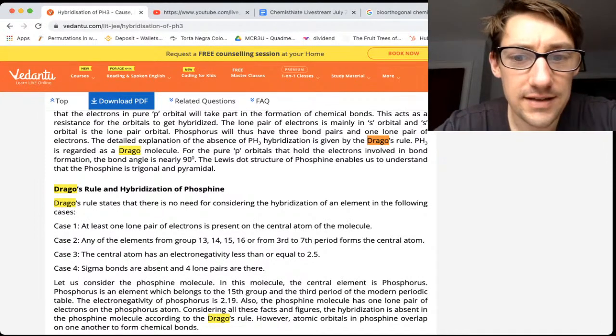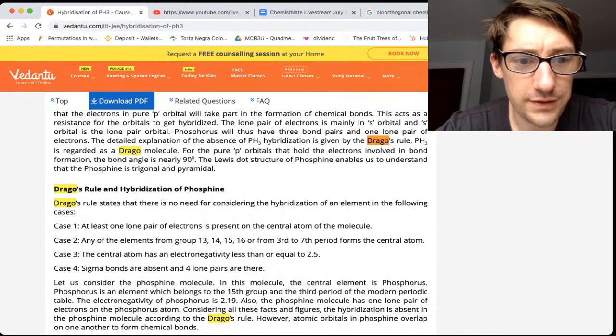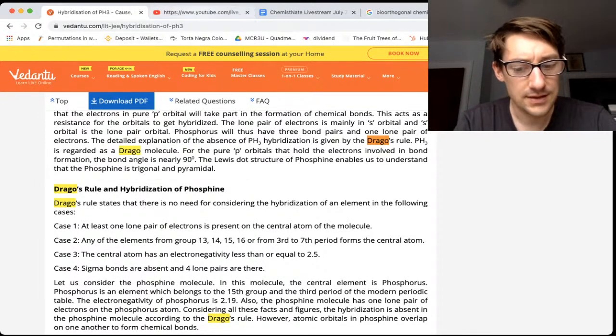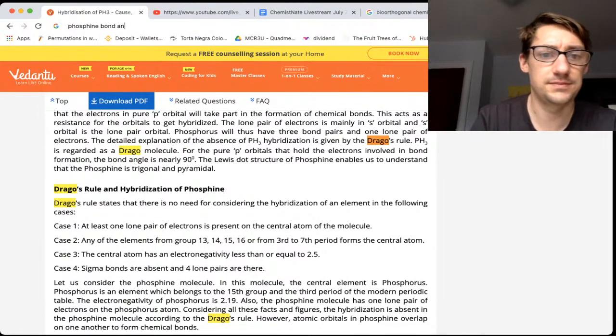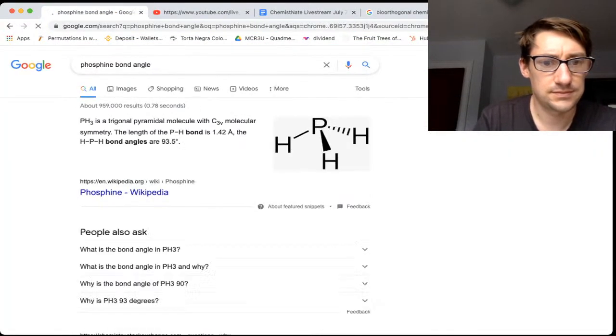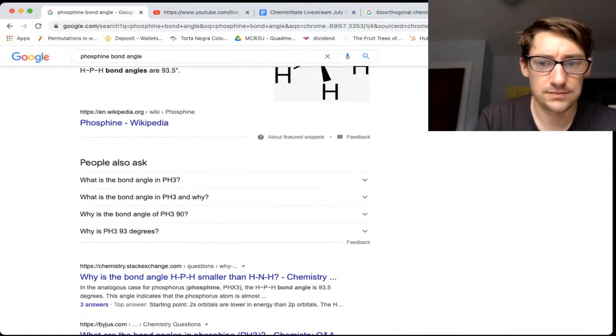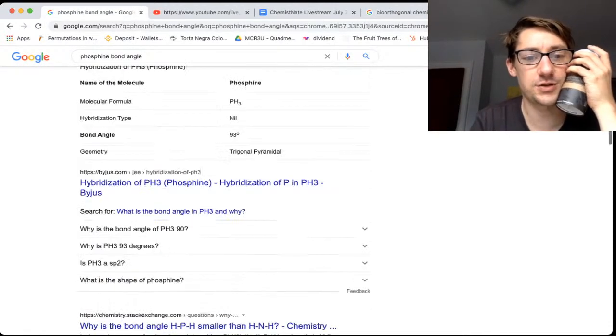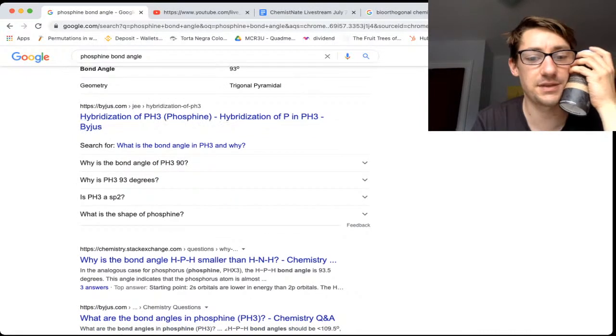Or do I? The electrons involved in bond formation, the bond angle is 90 degrees. Phosphine bond angle. We must not use Drago's rule here. It must be called something else.